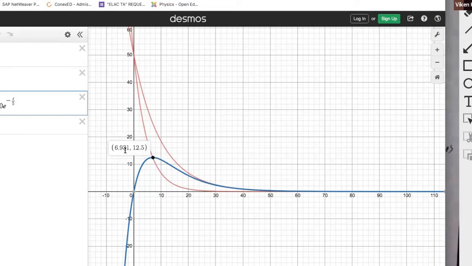In this case, it was 6.931 seconds. Right? So how do we solve that? We want to basically maximize this function. So then just take the power function, the power equation for the capacitor, and then take its derivative and set it equal to 0.